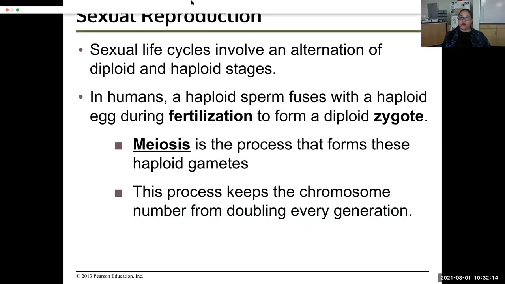Sexual life cycles involve an alternation of diploid and haploid stages. In humans, a haploid sperm fuses with a haploid egg during fertilization to form a diploid zygote. Meiosis is the process that forms these haploid gametes, the eggs and sperm. And this process keeps the chromosome number from doubling every generation.